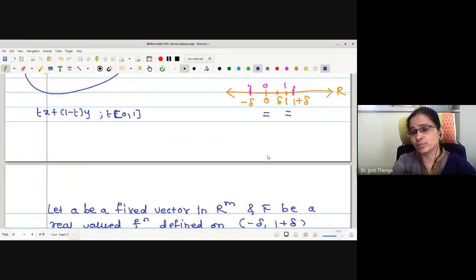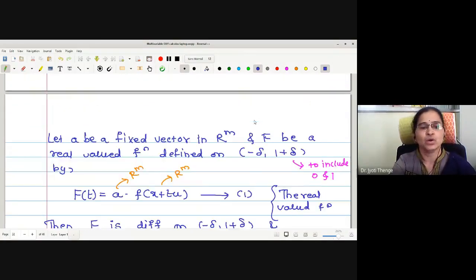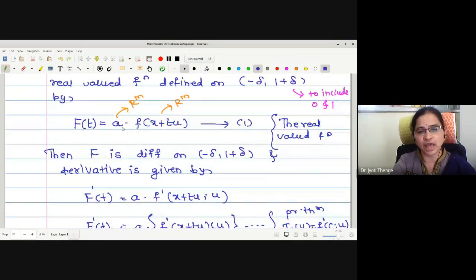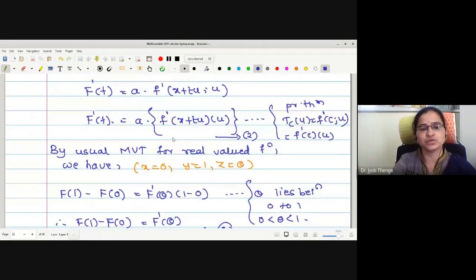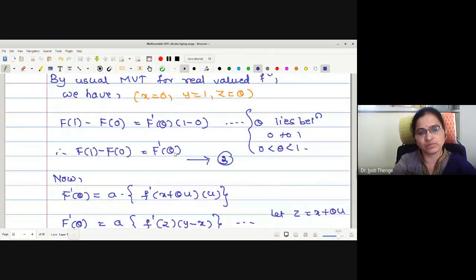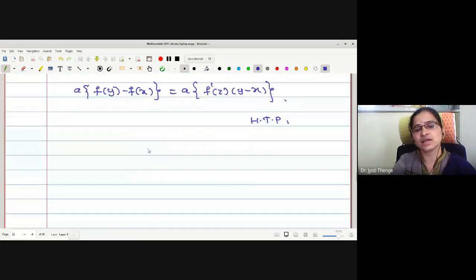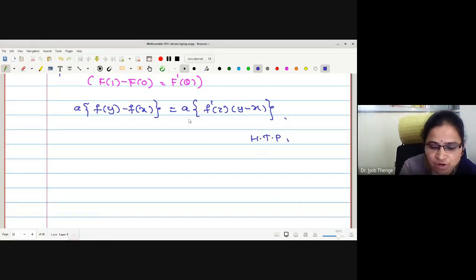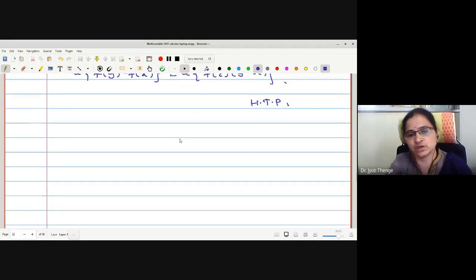Because in the proof we write the mean value theorem for the two values 0 and 1. Then using that small f vector valued function, we defined capital F to be a real valued function as a dot f of x plus tu, and then we used the usual mean value theorem. We substituted the values, and at last we got the result that this is the mean value theorem for the multivariable vector valued function. I hope there is no difficulty in this. If you have any kind of difficulty, you can ask.